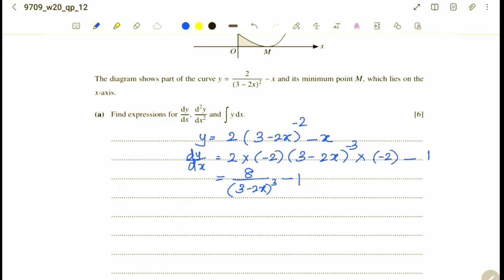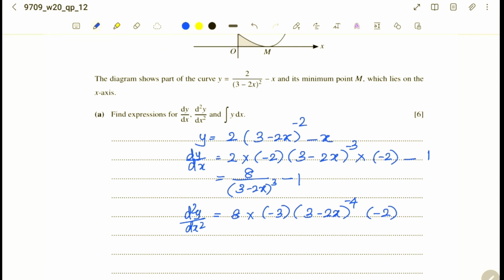Next, d square y by dx square. 8 multiplied by the power, negative 3, multiplied by 3 minus 2x, the power is negative 3 minus 1, negative 4, multiplied by negative 2.